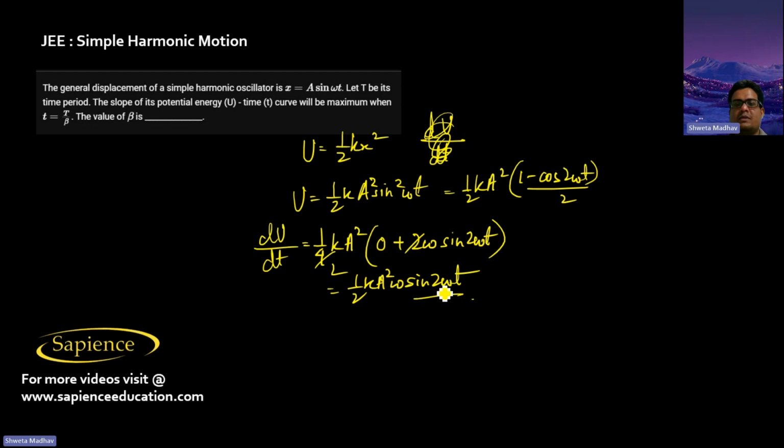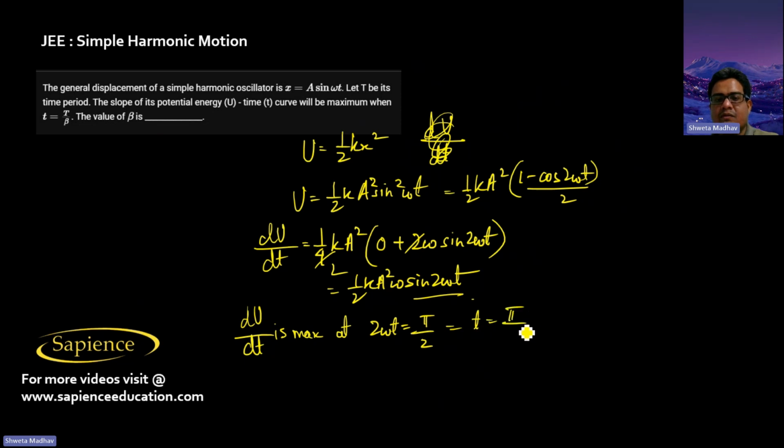So this slope dU by dt is maximum when 2 omega t equals pi by 2, since then sine 2 omega t will be equal to 1. So we get the maximum value of sine 2 omega t at t equal to pi by 4 omega.